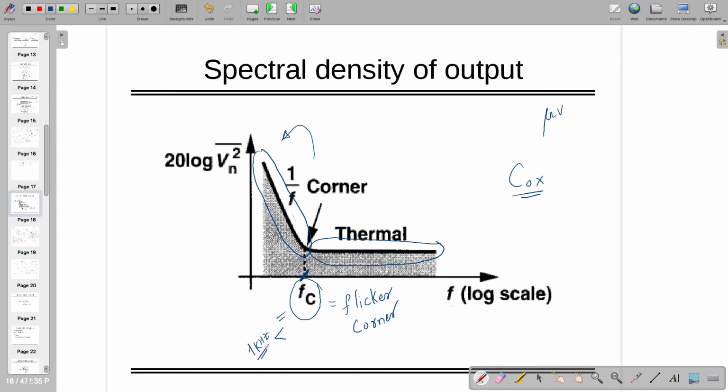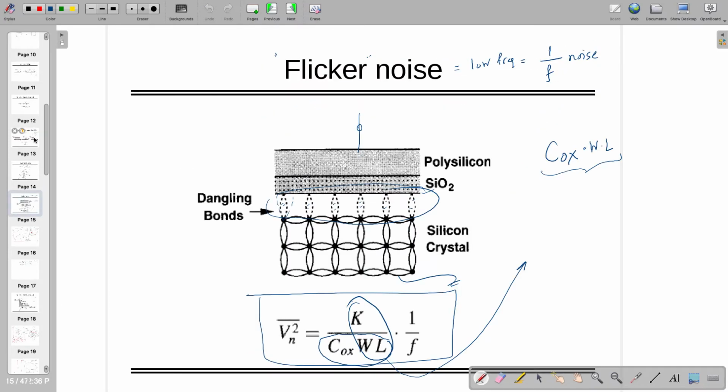What are the problems if we are working in the flicker zone, near the flicker zone? Near flicker will not be much of a problem. Let's say you are at 2 fc, still okay, and you can manage it using the value of capacitance and resistance, or you can increase or decrease the size of the transistor.